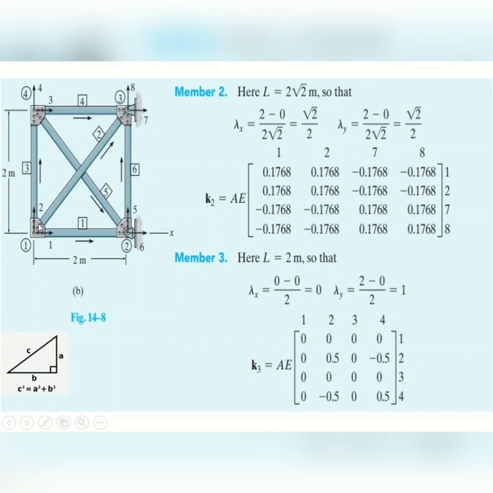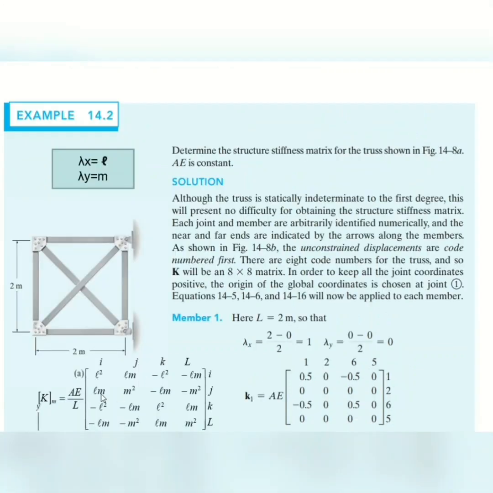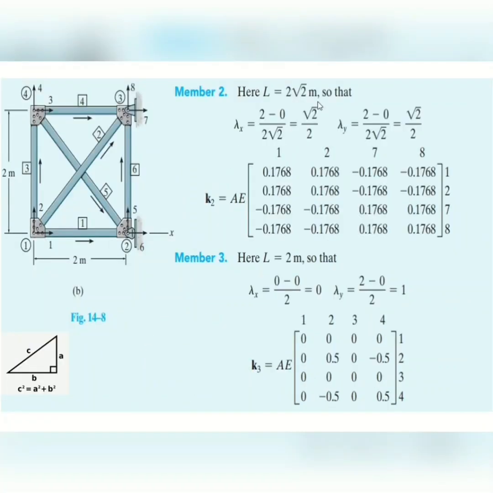So y2 minus y1, 2 minus 0, divided by the length. We know that we put the value here by dividing by L. So this is L square, we can take this square and divide it by this L, so we get 0.17. After that, LM, multiply this one by this one and divide it by L, so we get this equation.